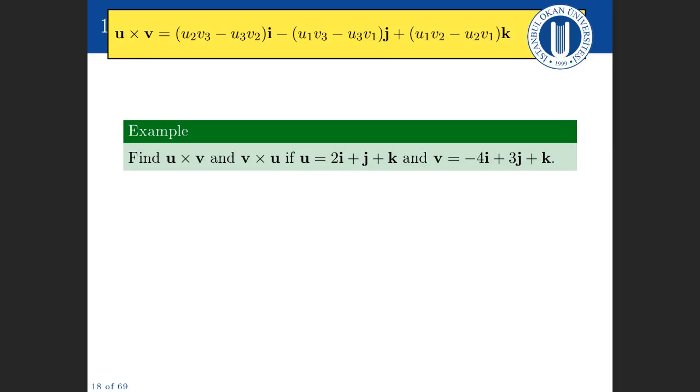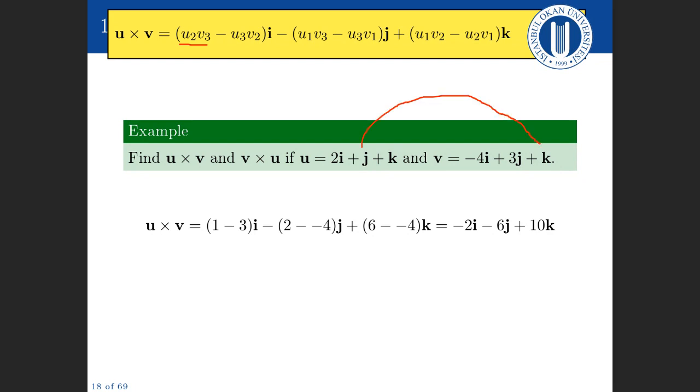For example, find u cross v and v cross u if u is the vector 2i plus j plus k and v is the vector minus 4i plus 3j plus k. We need to use the formula at the top. First, we want u2 multiplied by v3. u2 is 1 and v3 is 1.